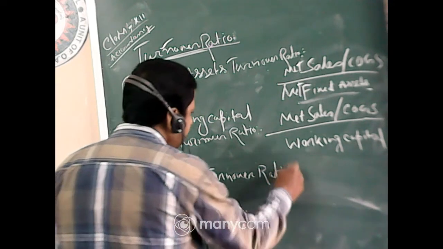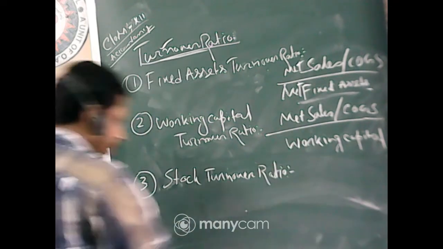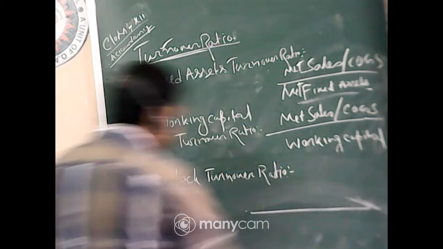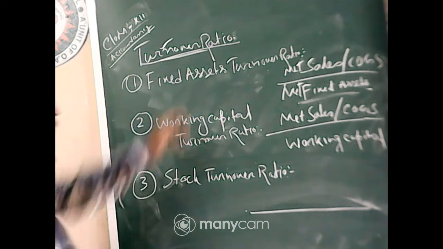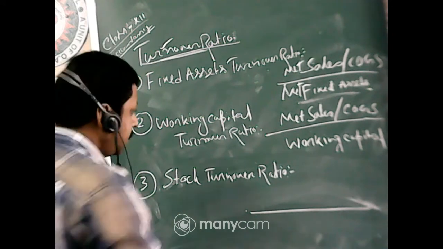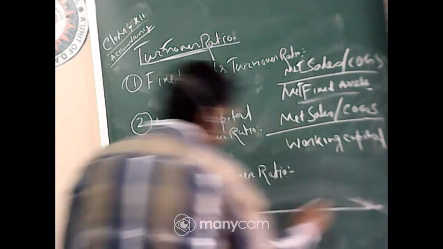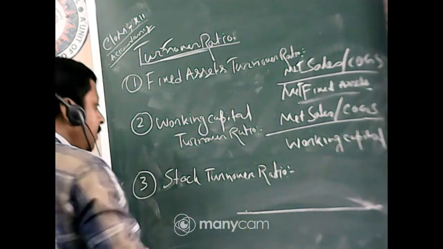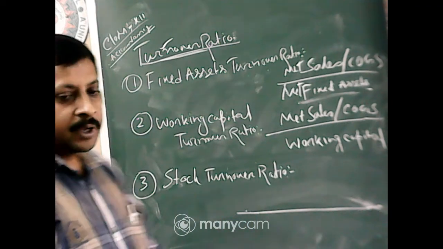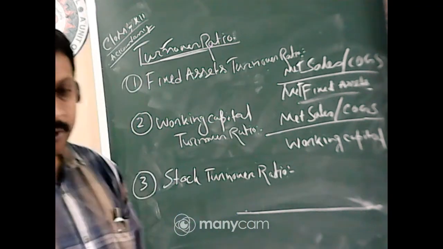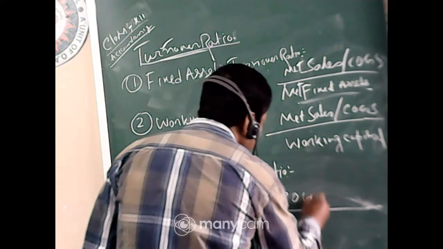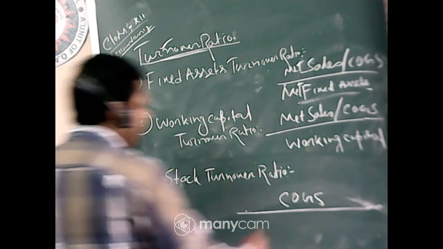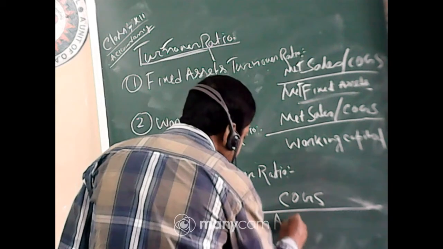Now what is the formula of stock turnover ratio? Here, though there is the name of turnover, you should use cost of goods sold, COGS. And what is the denominator? That is average stock.